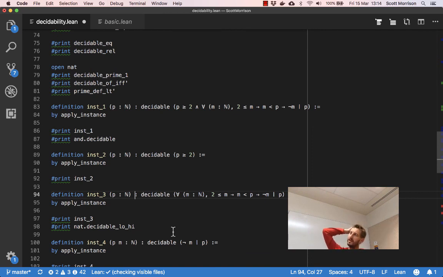I don't want to completely forbid you from using any decidability instances that are already in Mathlib, because it's a bit dumb to have to write the one that says that if P is decidable, not P is decidable, and if P and Q are both decidable, P and Q is decidable. So I'll leave it up to you which decidability instances of Mathlib you already use. Any that are basic logic ones, go for it. And any that feel like they're really about prime numbers already, do those ones yourself. But I'll leave that up to you.